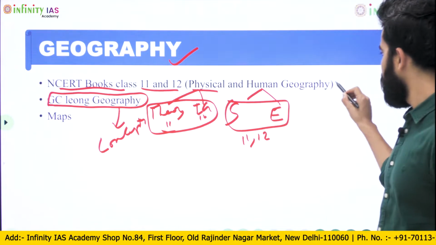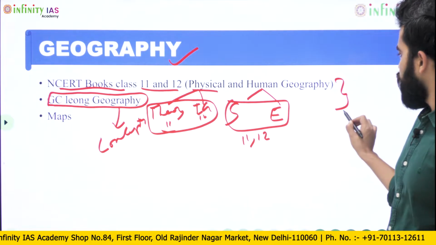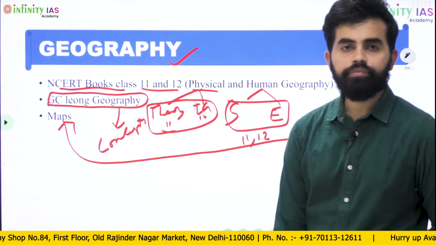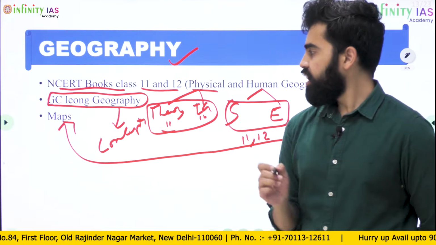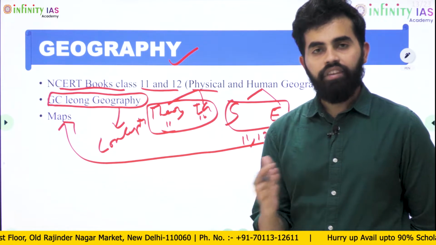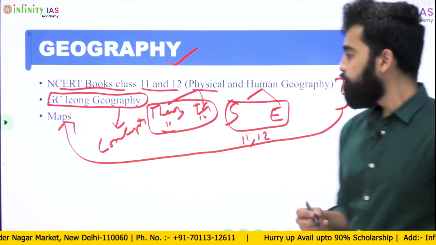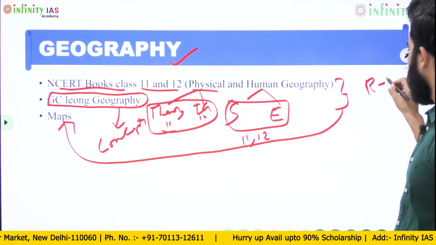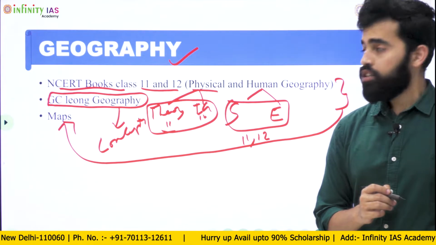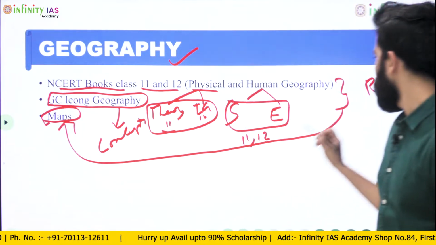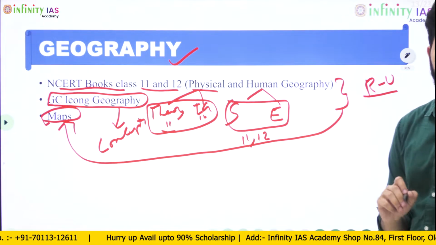So, apart from these two, the most important thing that we need to do is maps. It is good if we can look at maps in relation to current affairs. For example, now we have the Russia-Ukraine conflict going on, so we can include this map section relating to it.